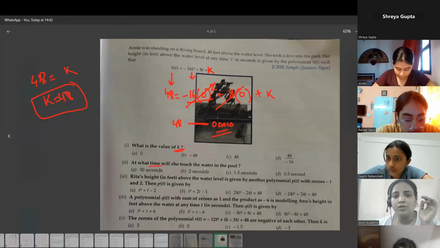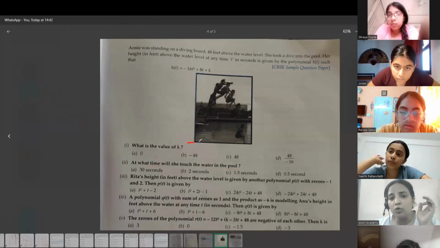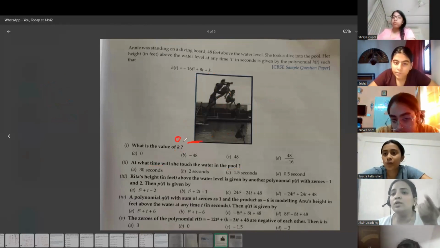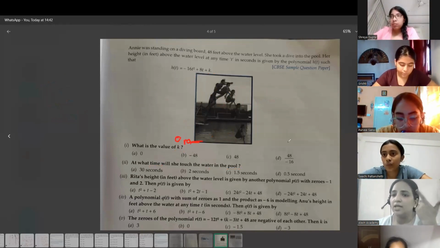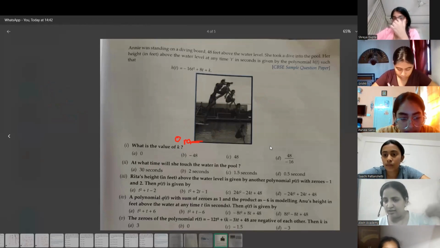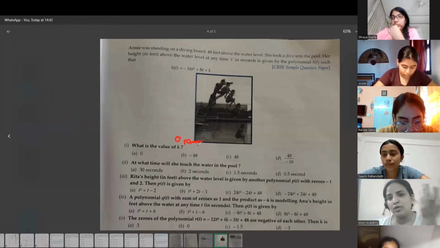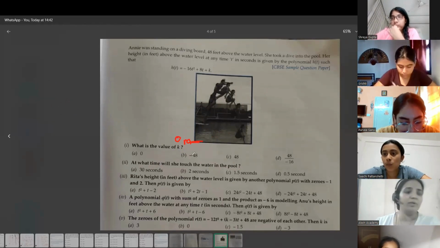Okay. At what time will she touch the water in the pool? So what time would she touch the water? What is the water level? Water level you call 0 meters, right? Sea level we call 0, no? The more we go above with the altitude, that is plus, and under the water, that is minus. So water level, sea level, is known as 0. So this is 0 meters.